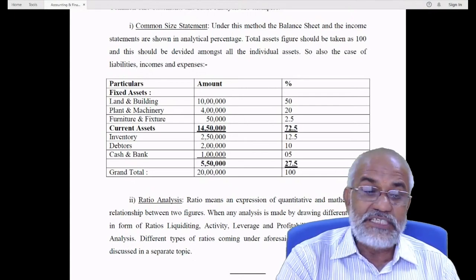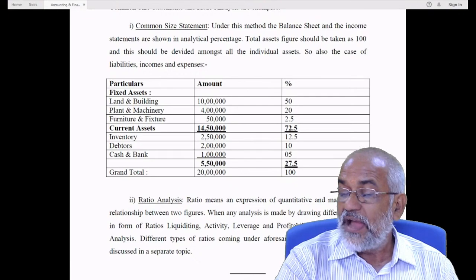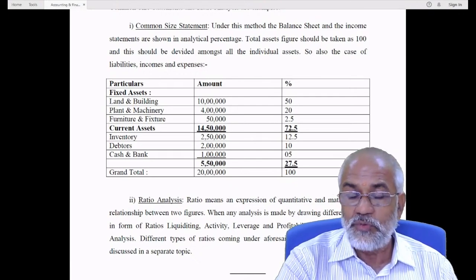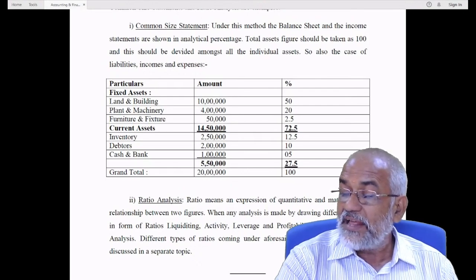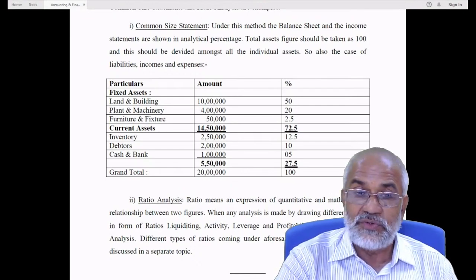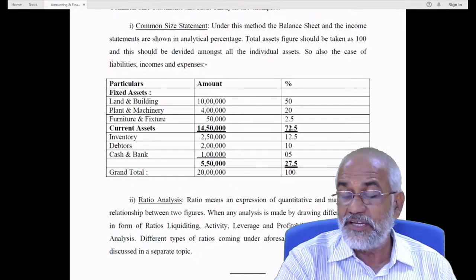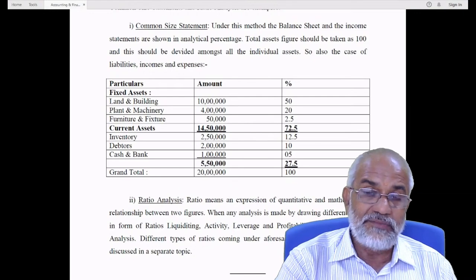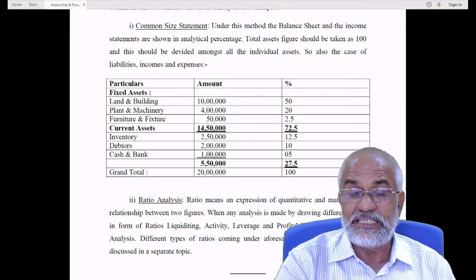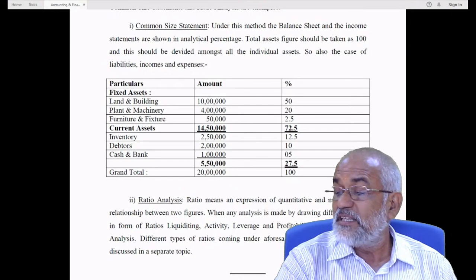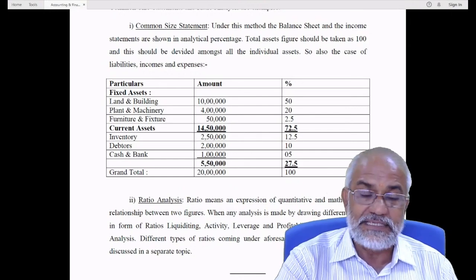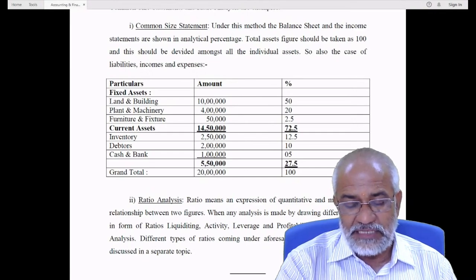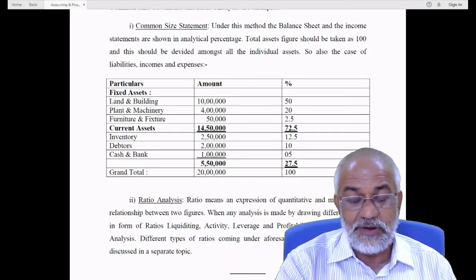The next category is activity ratio, which speaks about the turnover of the organization. The third category is leverage ratio, which speaks about the long-term solvency of the organization. And the last component is profitability ratio. Profitability means the operating performance of the organization. This is about the ratio analysis as per the modern classification.